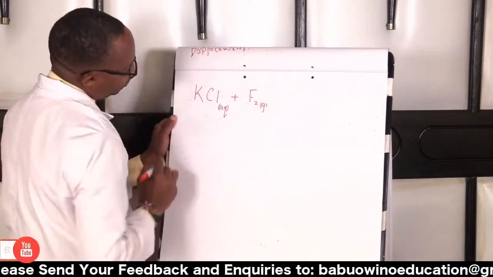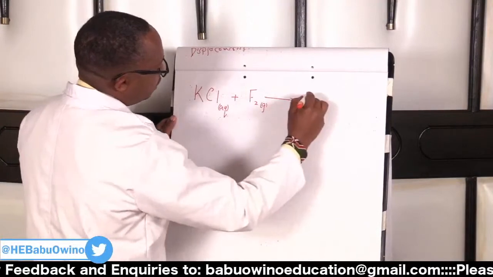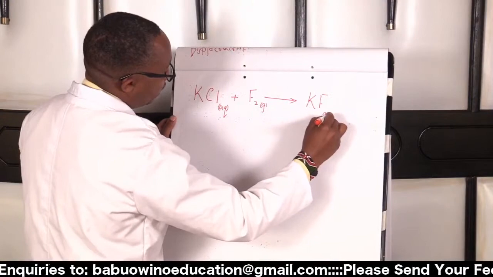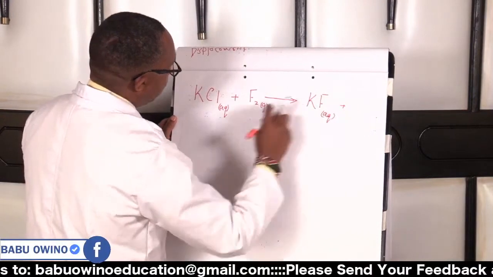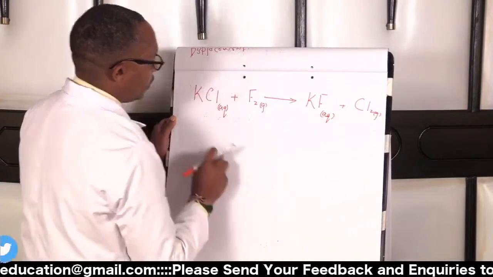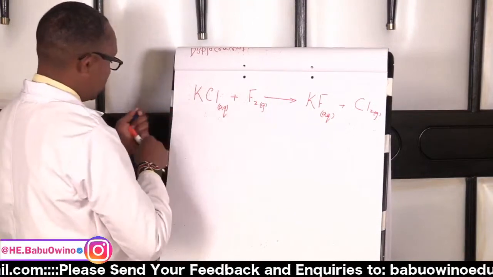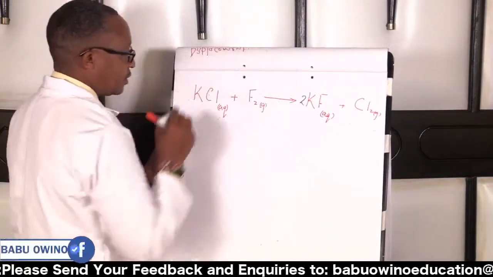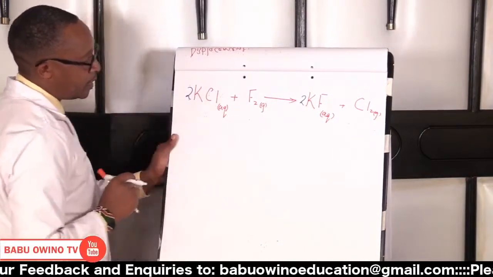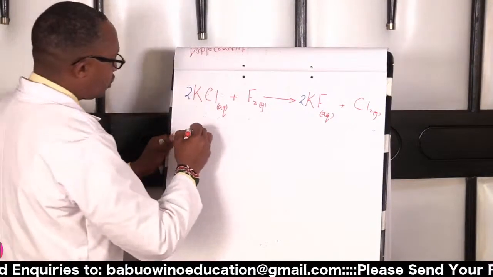Stoichiometry means that this combines with this, giving us potassium fluoride, which is again soluble, plus chlorine, which is gaseous. If the state symbols are correct, then fluorine here is 2, this is 1. So you need to make it stoichiometric, balancing it like that. So our equation is now balanced, and you can see that that reaction is a pure stoichiometric one.